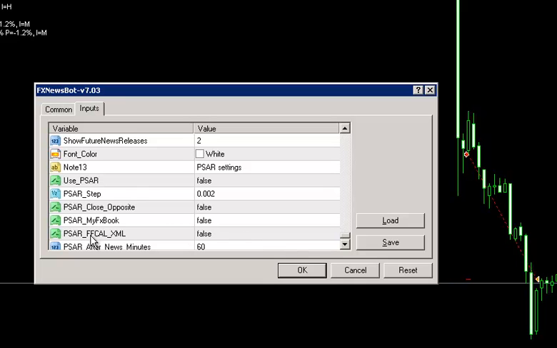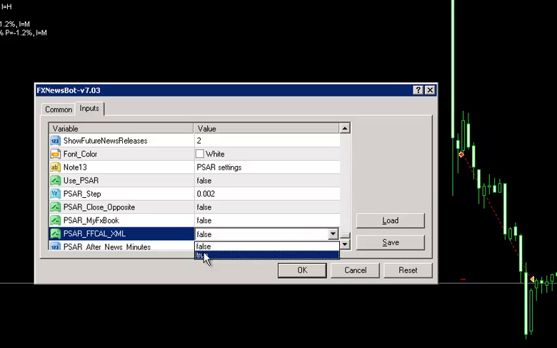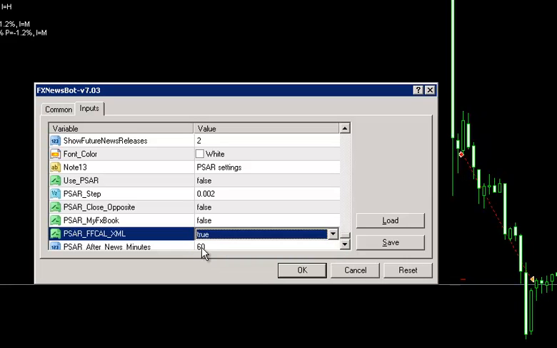But if you put where it says this is a parabolic SAR FFCal XML, what that would do if you put that on true is it would use a Forex Factory calendar. Their XML calendar doesn't change that often, it's a lot more stable, it's better than their HTML, but it doesn't have the deviation. It doesn't release the actual figure at news release time.